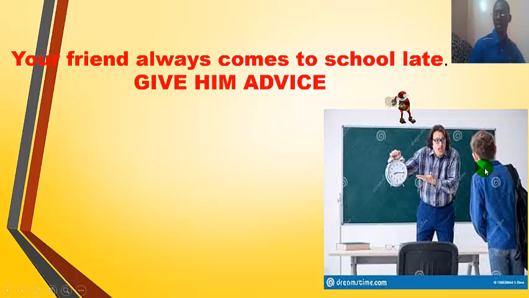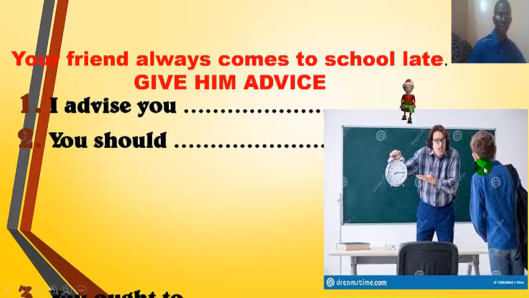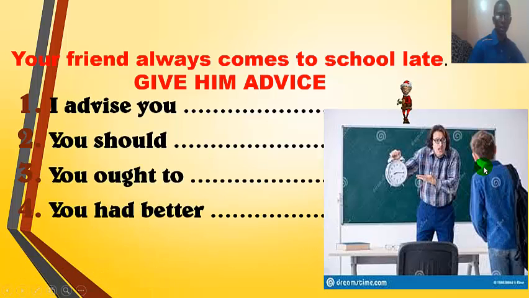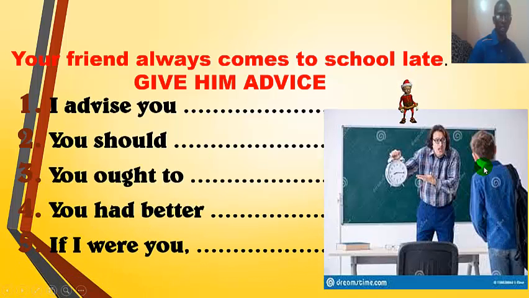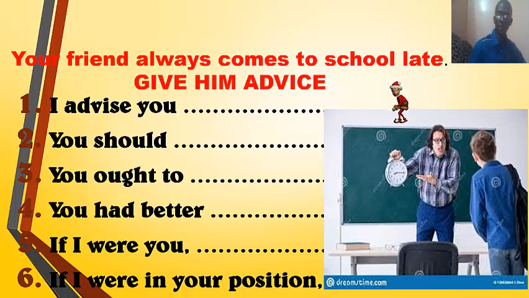Donne-lui un conseil, de plusieurs manières, en commençant par I advise you, you should, you ought to, you had better, if I were you. So, use number 1, 2, 3, 4, 5, 6 to give your friend advice. Donc, complétez les phrases suivantes en donnant des conseils à votre ami qui vient toujours en retard.